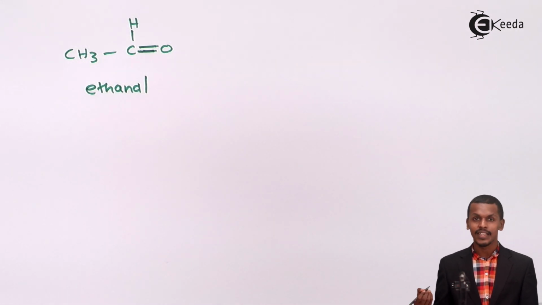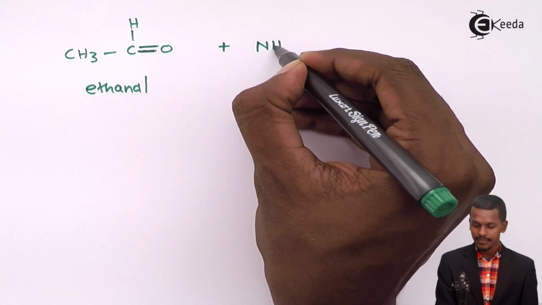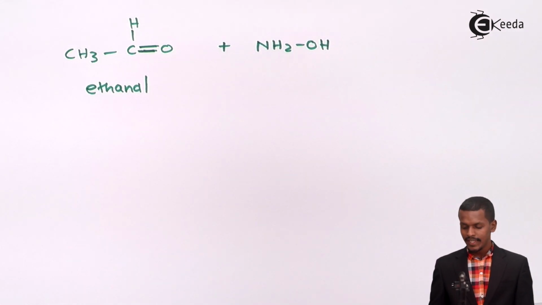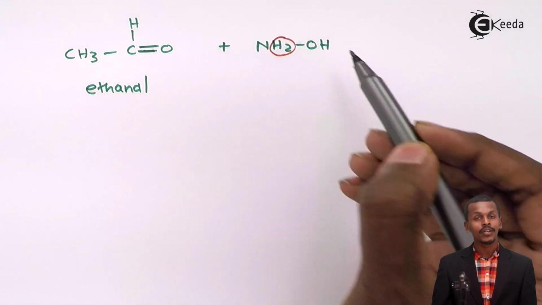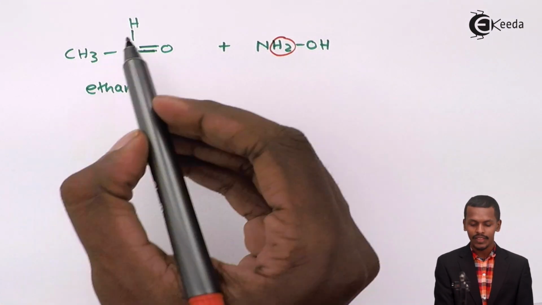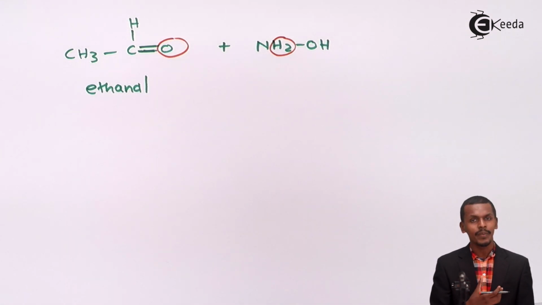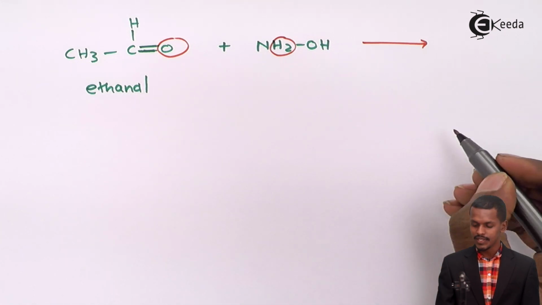In this case the H2 belonging to the hydroxylamine will remove the oxygen of the ethanal, or acetaldehyde, and we see the formation of a smaller byproduct, that is H2O.